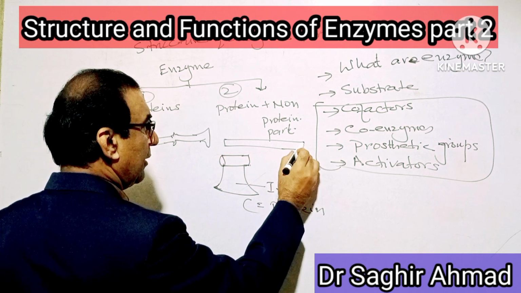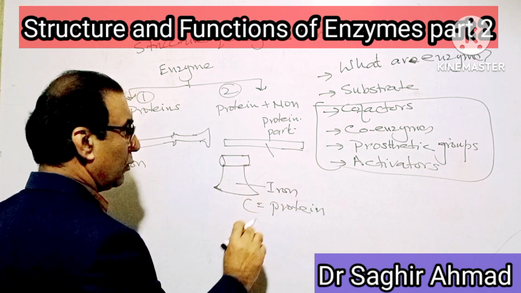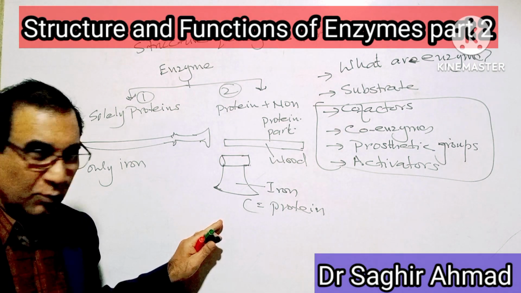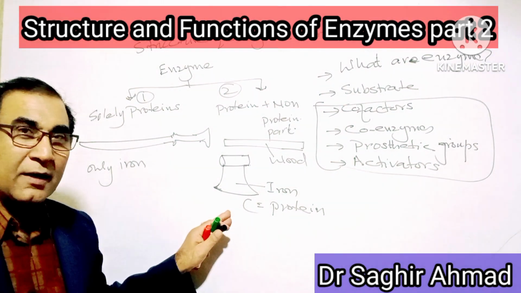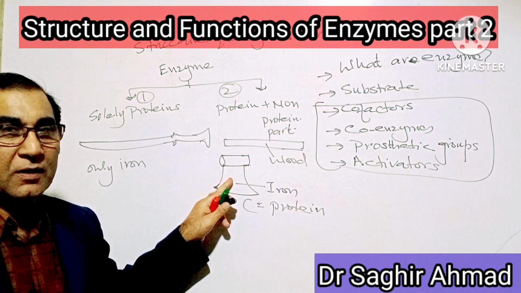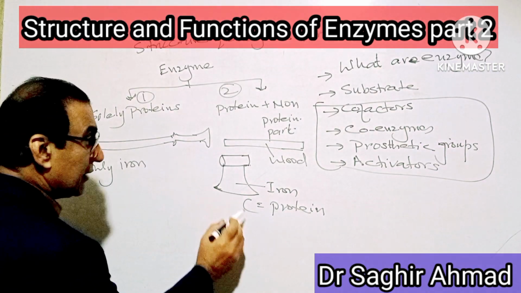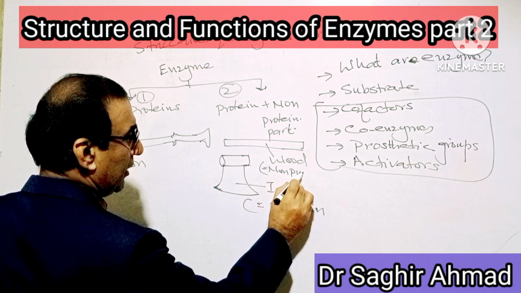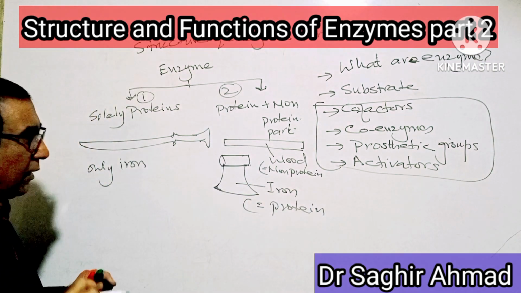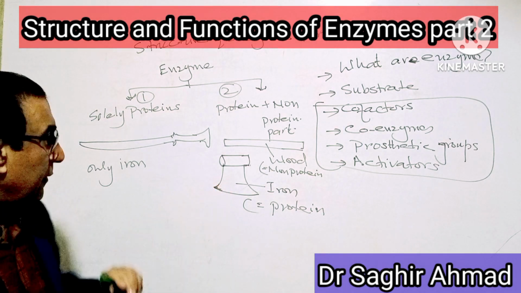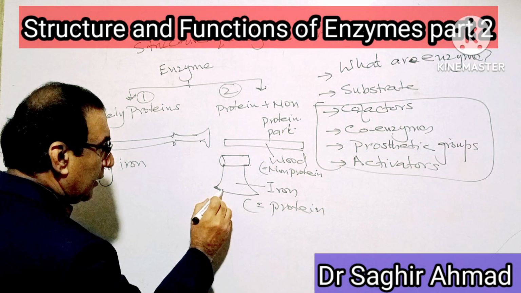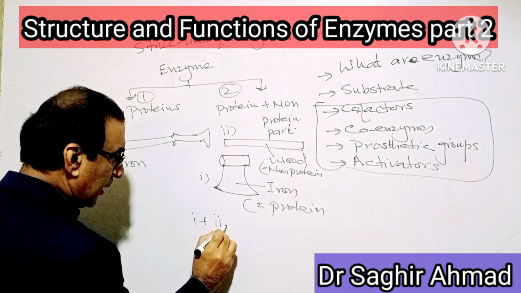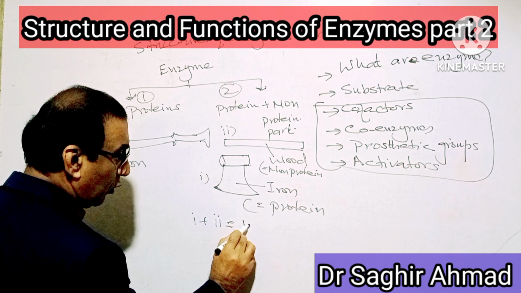It's a part which consists of wood. So if the wood is not there with the iron part, it won't be functional. So this is the non-protein part. Now this is non-functional. If number 1 and number 2 combine, they form the whole enzyme.